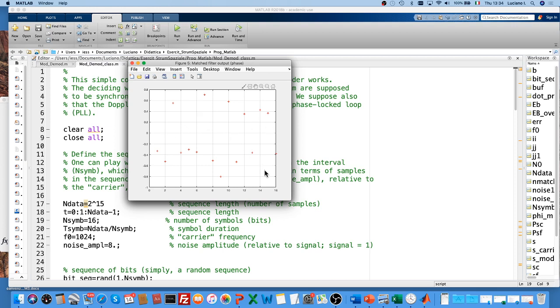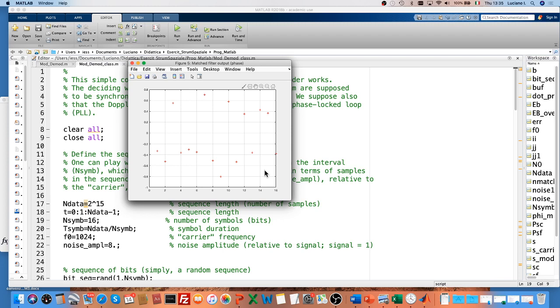Of course, we are transmitting fewer bits. We have increased the bit duration, and we have, however, paid for the reliability of the communication in terms of low bit error rate with a lower bit rate, so lower data volume.